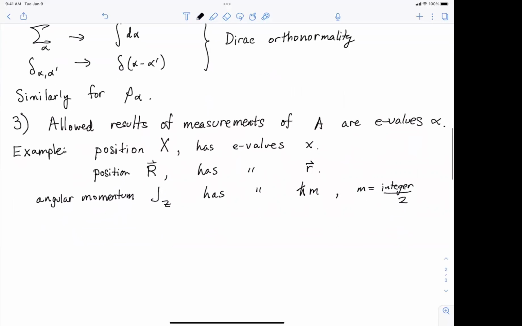All right, postulate 4 is telling you if you do make such a measurement, what are the probabilities that you'll get different outcomes?